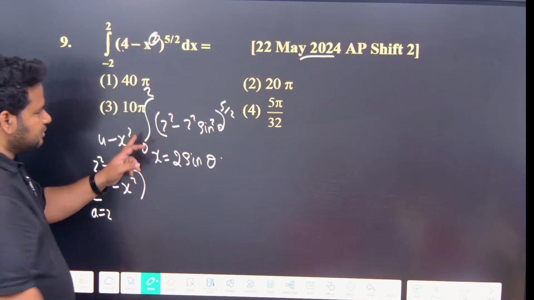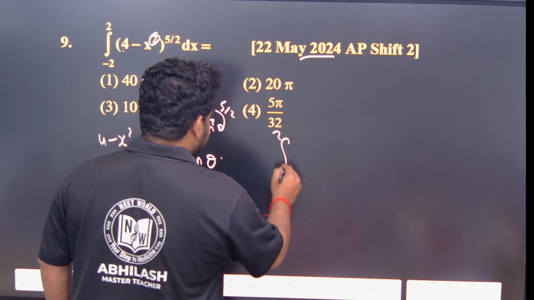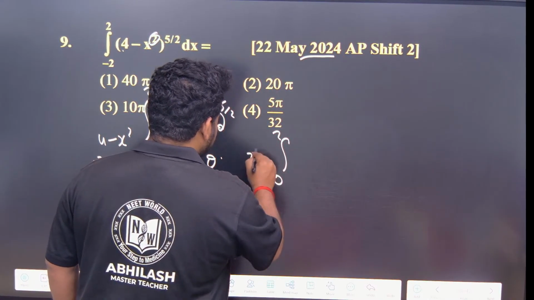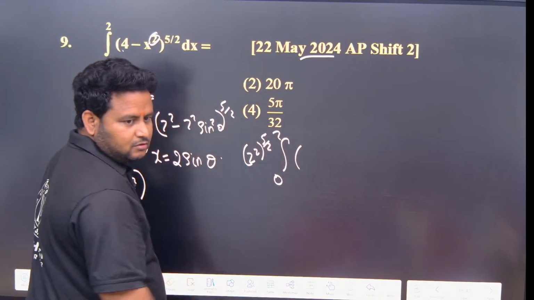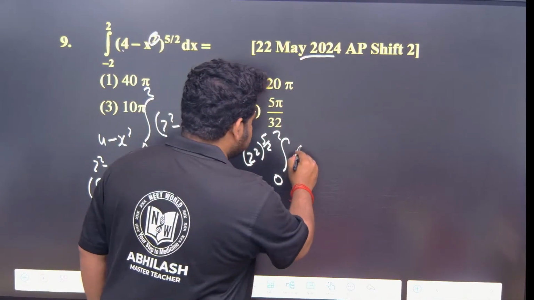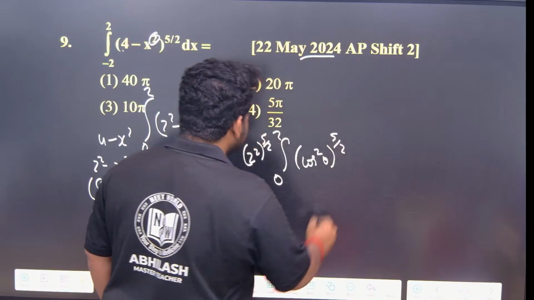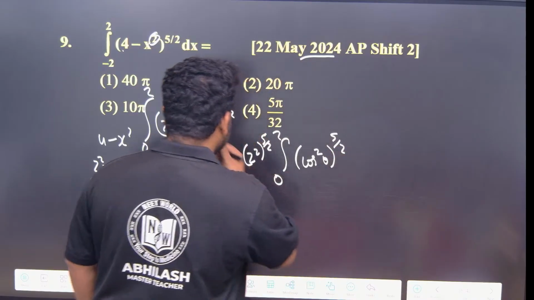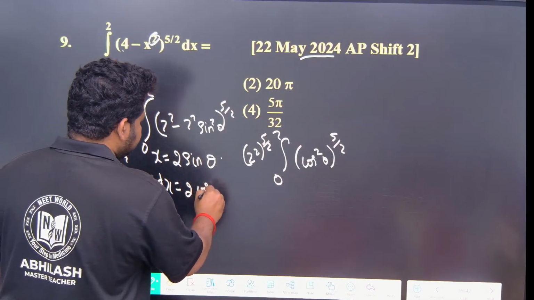So 2 square I have to take outside. When I take it outside, this will become 0 to 2, I can write it as 2 square to the power of 5 by 2. This will be 1 minus sin square theta, cos square theta directly I am writing, cos square theta to the power of 5 by 2. Theta is there, so dx will become 2 cos theta d theta.